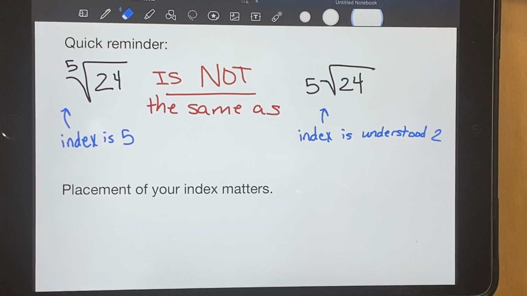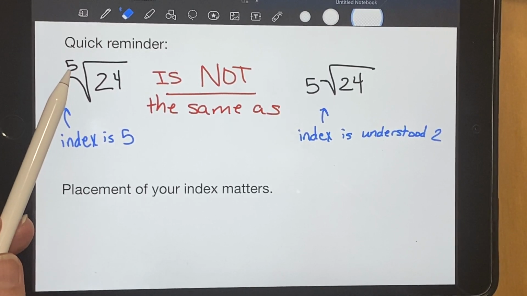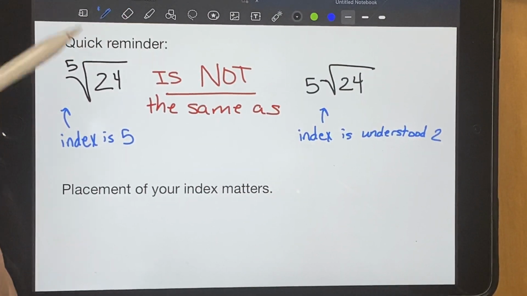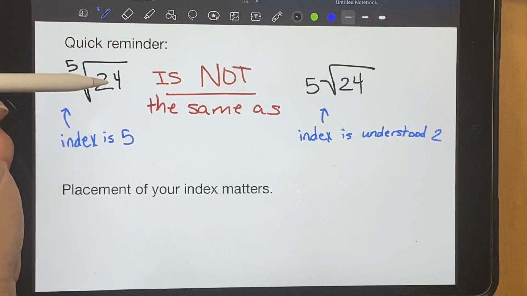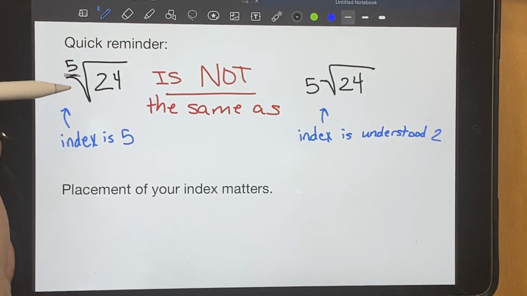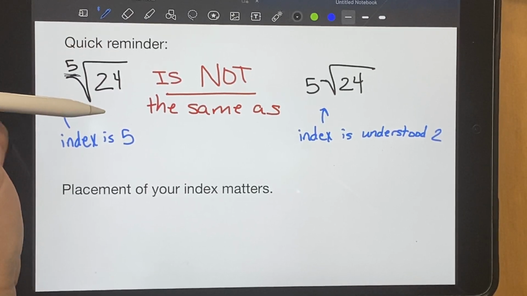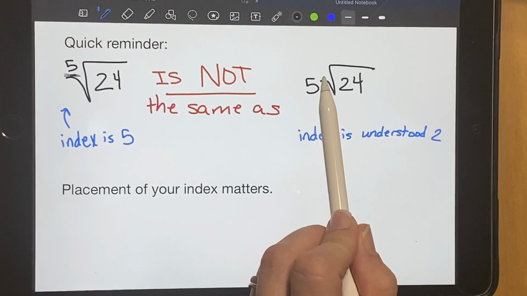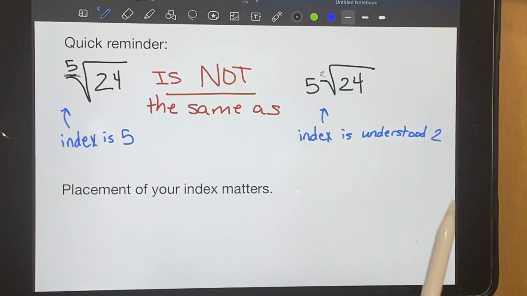Okay, so this is something that I want to hit. When you have an index, in this case, the index is the instructions for how many I need for my root. This is my root index. This is giving me instructions for my radical versus a coefficient. In this case, my index is not shown. My index would be an understood 2.